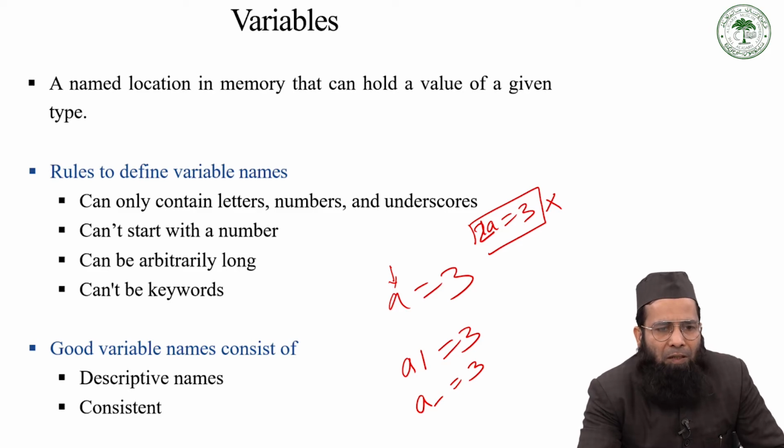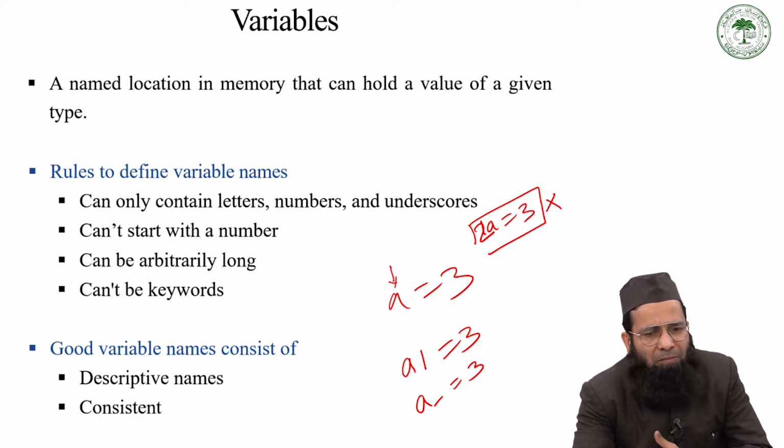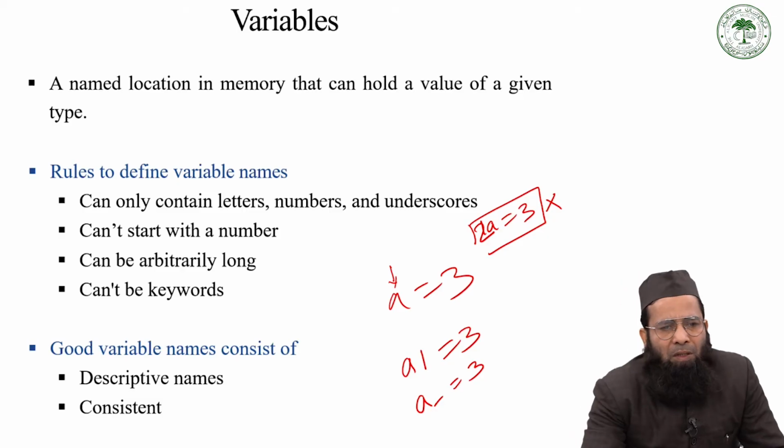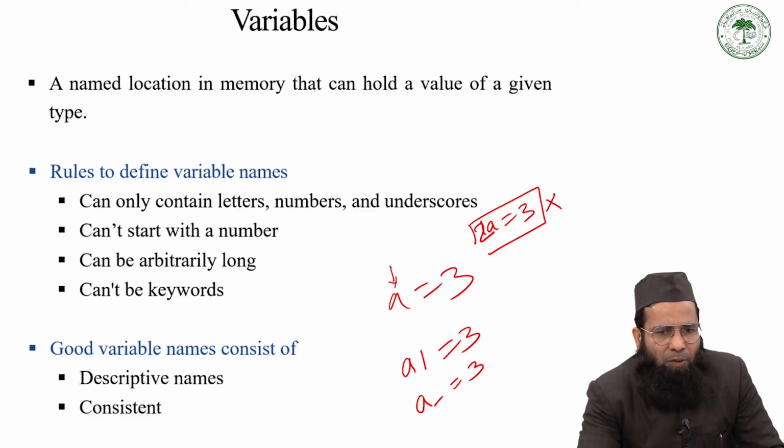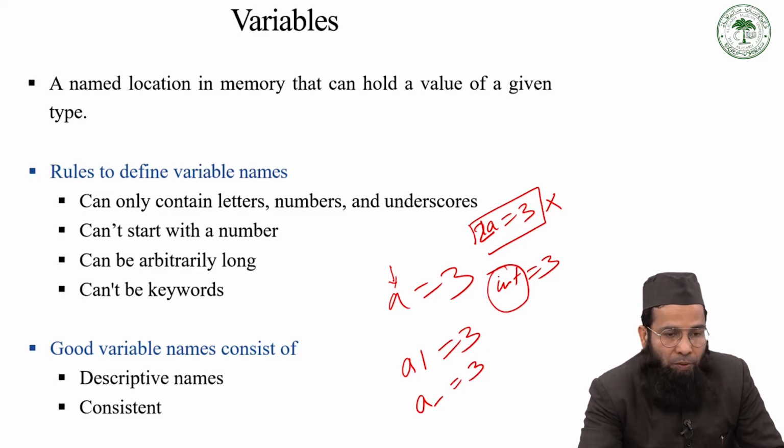It can be arbitrarily long, so you can define a long variable name, but it is not advisable. Keep it as per your choice and as per your understanding. It cannot be a keyword, so you cannot use a keyword for declaring a variable. Like I should not use integer equal to 3, it means the keyword integer should not be used.